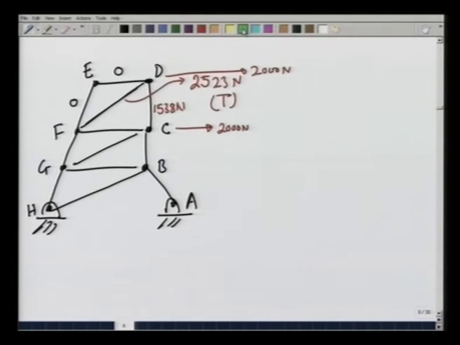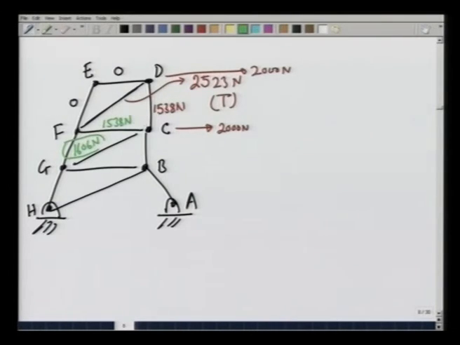We have found Fcf which is also 1538 newtons, and we have found Ffg which is 1606 newtons, this force.